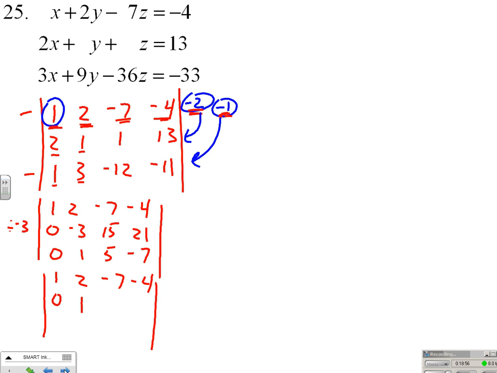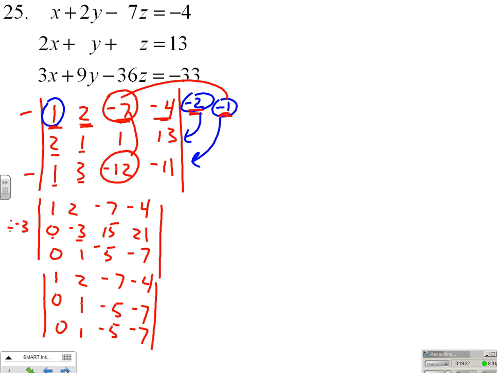Let's take a look at when I sent this guy down to this guy's neighborhood. I had a 7 and a -12. That is a -5. Apologize for that. You probably caught that. Row 2, when I'm dividing by -3, I get 0, I get 1, I get -5, and I get -7. And row 3, I have 0, 1, -5, -7.